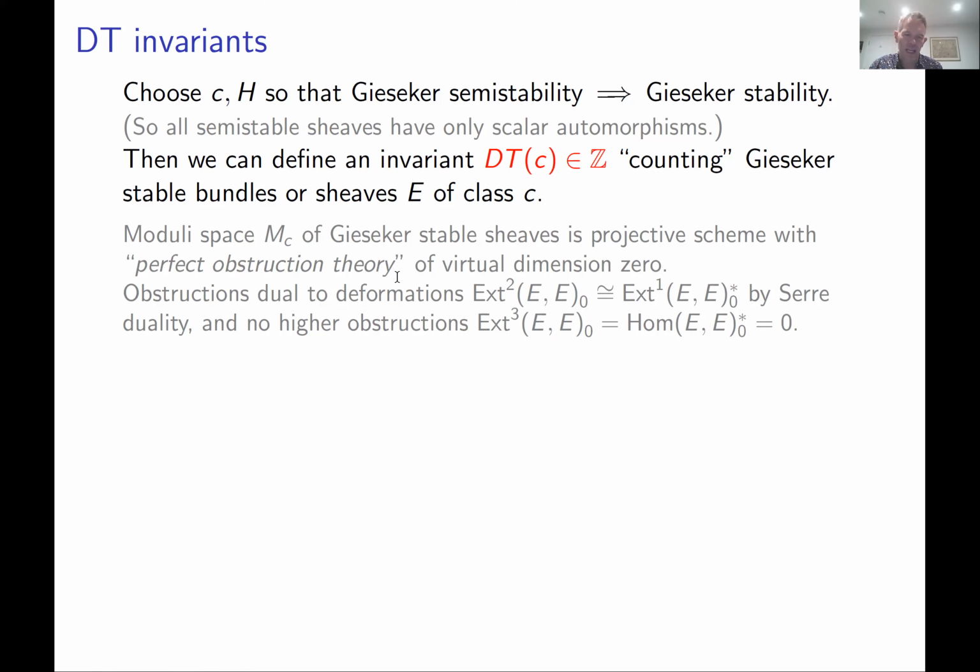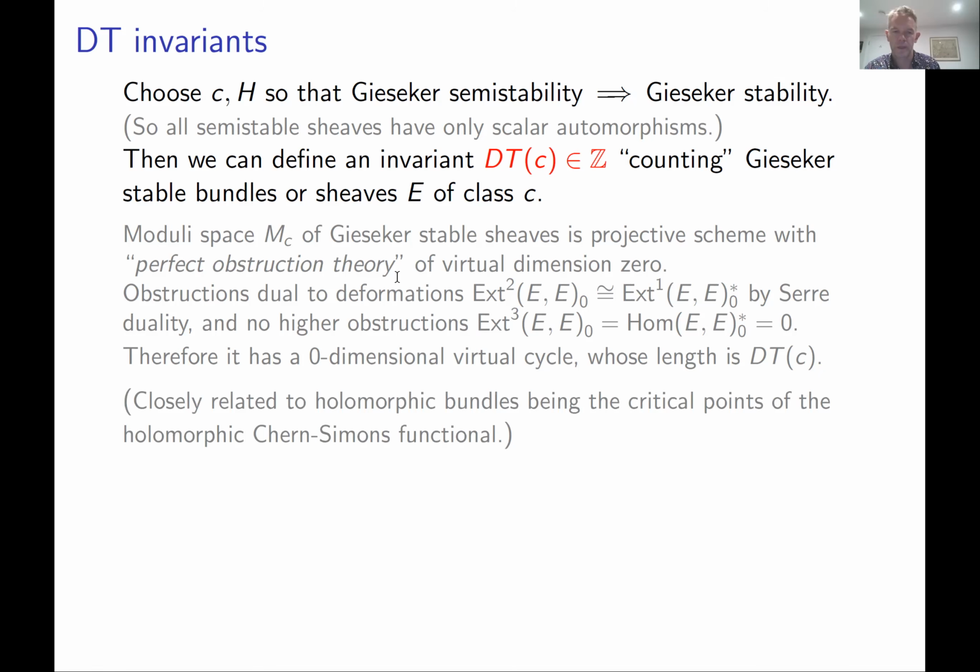And that's more or less what means this moduli space behaves well enough to have a virtual cycle. So it has a zero-dimensional virtual cycle. So basically, you can pretend that you can perturb the moduli space until it just becomes a finite number of points. And that number of points is the DT invariant.